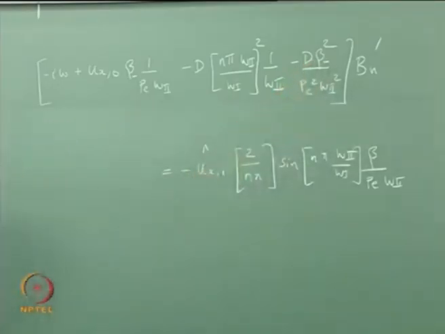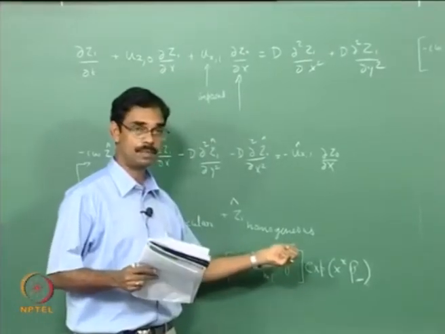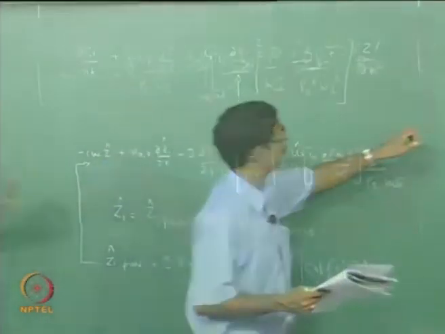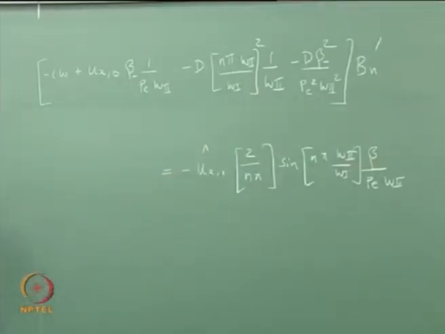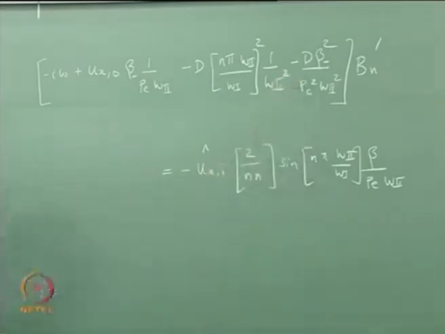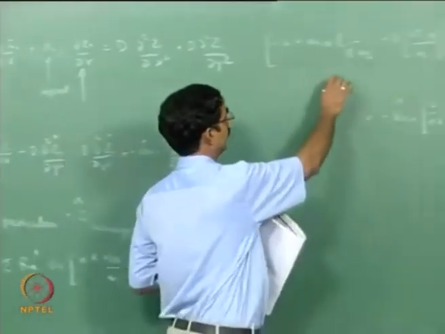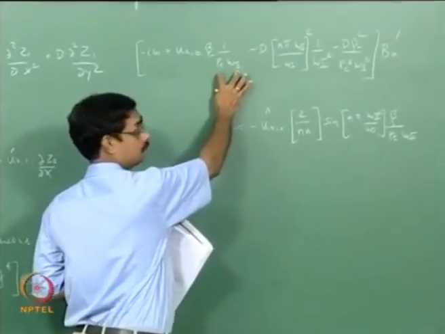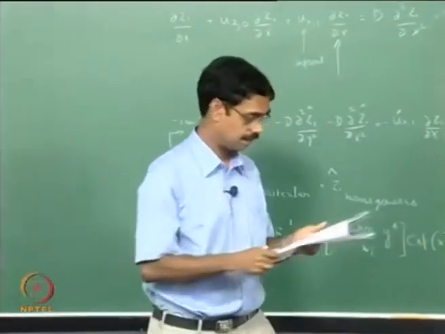When we differentiate with y, this is actually y star, so you have to put this term 1 over W2 squared. When we differentiate with x star, x star is x divided by this, so that extra term comes. I hope that is clear. It is straightforward algebra.